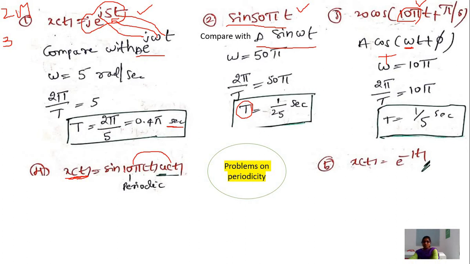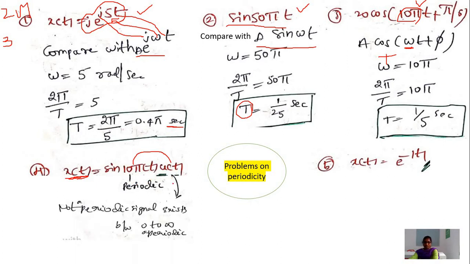Now, individually check both the signals whether they are periodic or not. First we'll check the sin 10 pi t. All the sinusoidal signals are periodic, so confirm periodic. Now, the unit step signal.